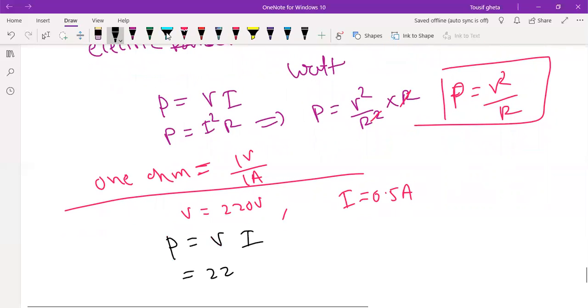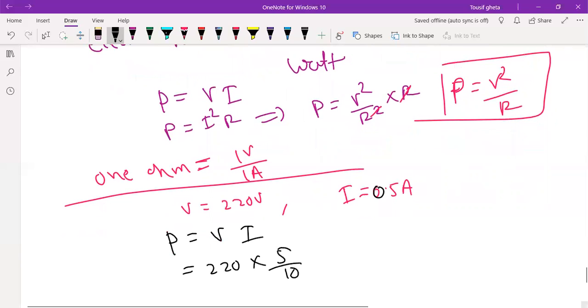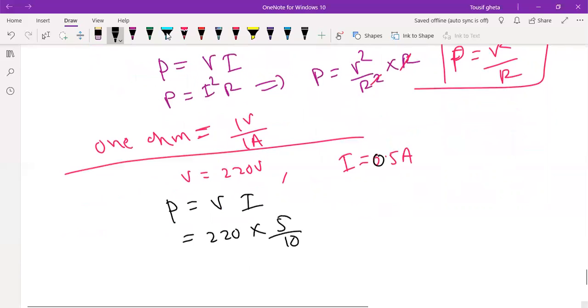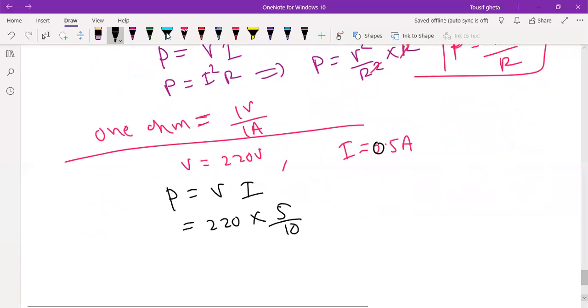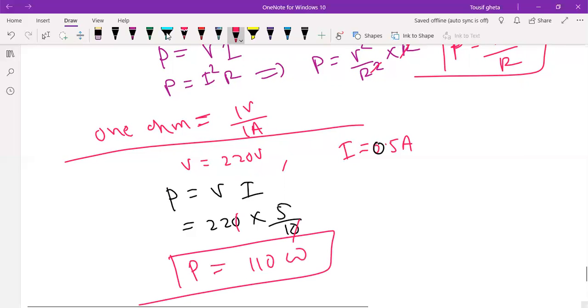V is 220, I is 0.5, I can write 5 by 10. Now I can cancel the 0. 22 into 5 will get 110. You can write the watt unit. This was the question.